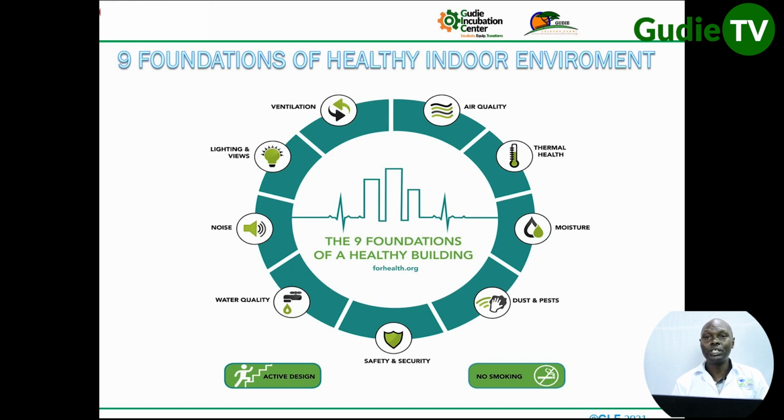So we should limit the levels of noise in our farms. Lighting is another foundation. It's very important, especially in the night. During the day, we have the natural light of the sun. But in the night, it is very, very dangerous to operate in the animal houses, even at our homes, and generally on the farm without proper lighting.